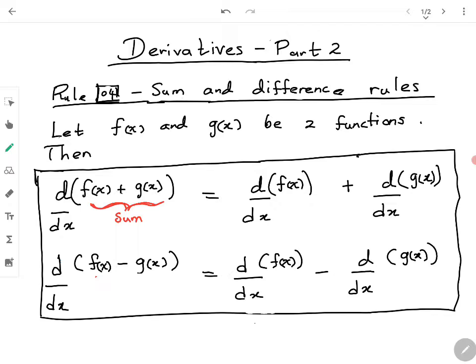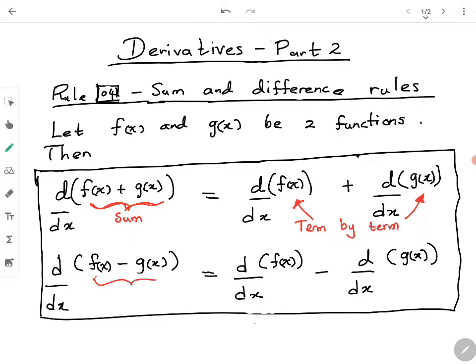And to find the derivative of this sum, you take the derivatives term by term. So here, first take the derivative of f, then find the derivative of g, and then add them together, and you get the answer for the sum.